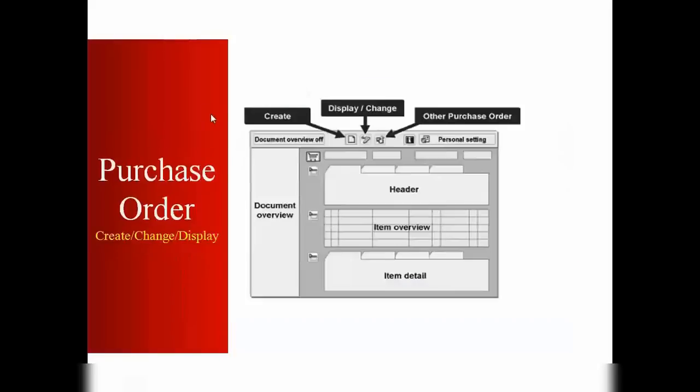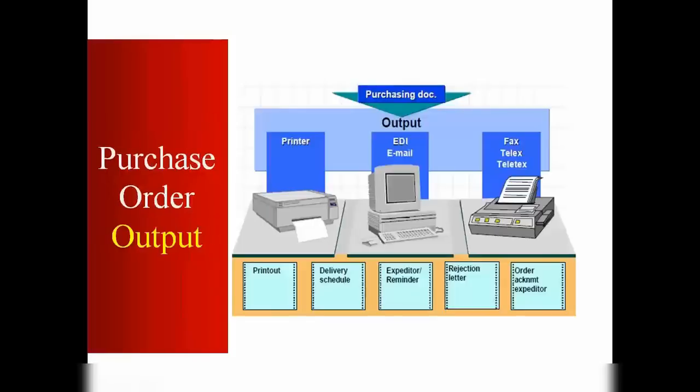Okay, next is output. Once we have created the order, we can send it to the vendor via an output. We can print the purchase order and post it to the vendor, we can fax it, email it, or send it via EDI as well, electronic data interchange, so electronically it will go into their SAP system automatically.